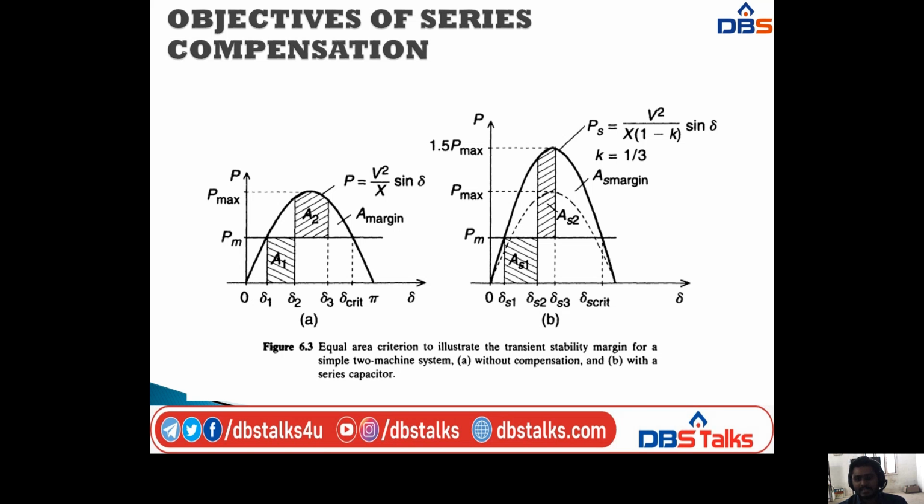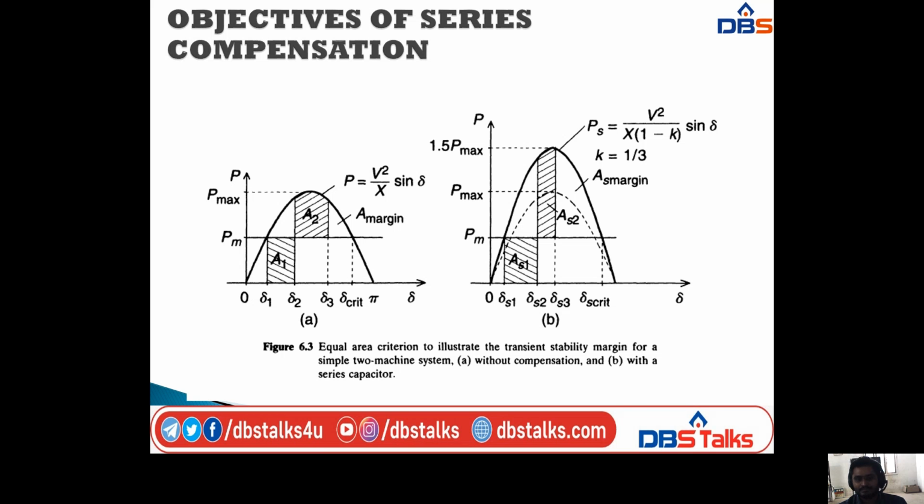In the second case we take the curve between power versus delta. Here delta is between 0 and delta critical, and the power is between Pm and 1.5 P maximum. We draw two curves: one for P maximum, represented by the dotted line, and one for 1.5 times the P maximum of the previous case, for comparison.